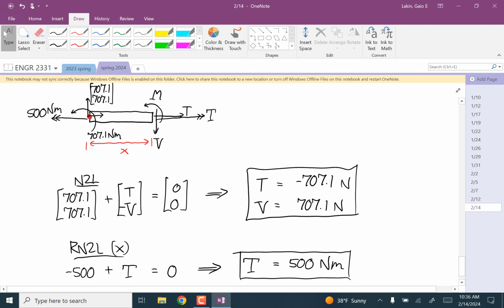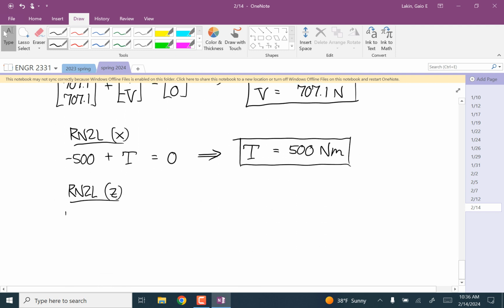And then the moments about z, we have the couple on the left. We have the bending moment on the right.